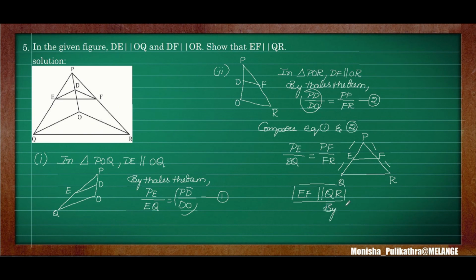You write down by converse of Thales theorem. Hence proved. If PE by EQ is equal to PF by FR, then automatically EF will become parallel to QR.